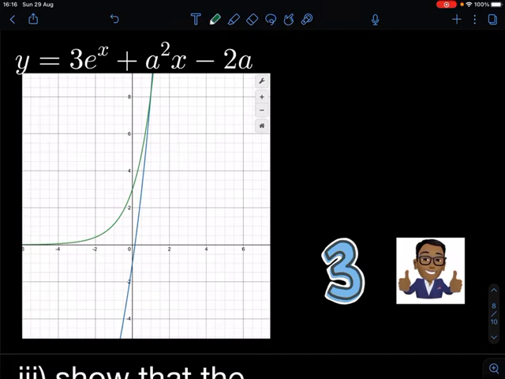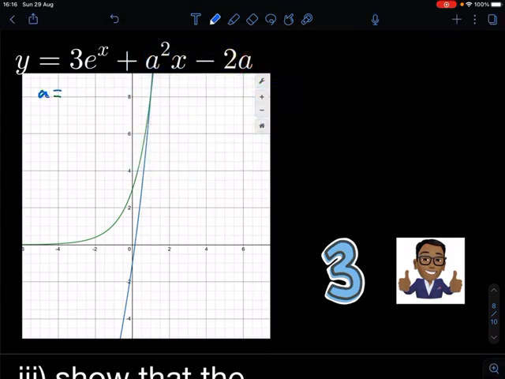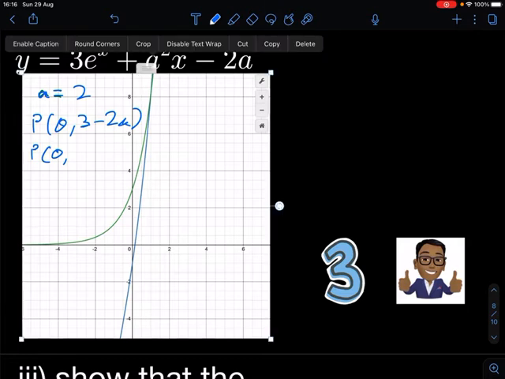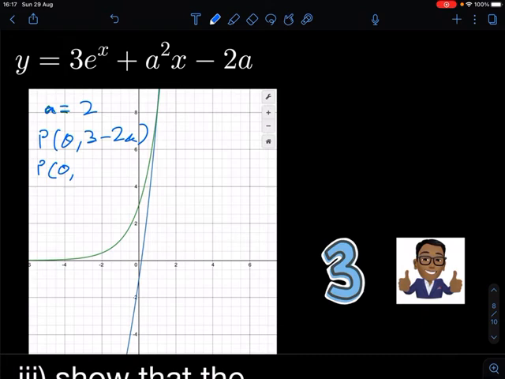Remember your point P is (0, 3 minus 2a). With 2 times 2 being 4, 3 minus 4 is negative 1. So that is your point.